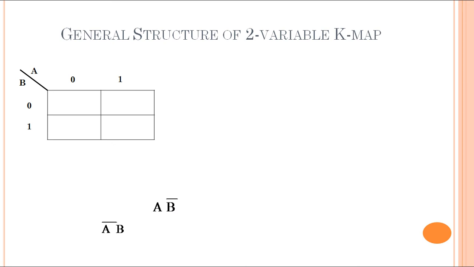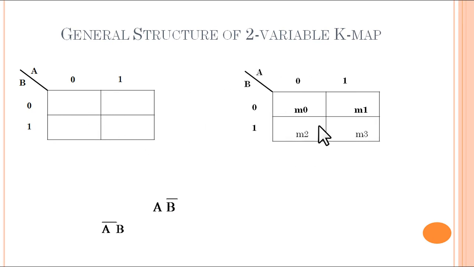Why are these two variables written at different ends? Because they are representing different sides. Just like your graphs, you will have different quadrants. Over here also we will have different quadrants representing different values. So when you see this square, it is a plane where each box is going to represent a min term.